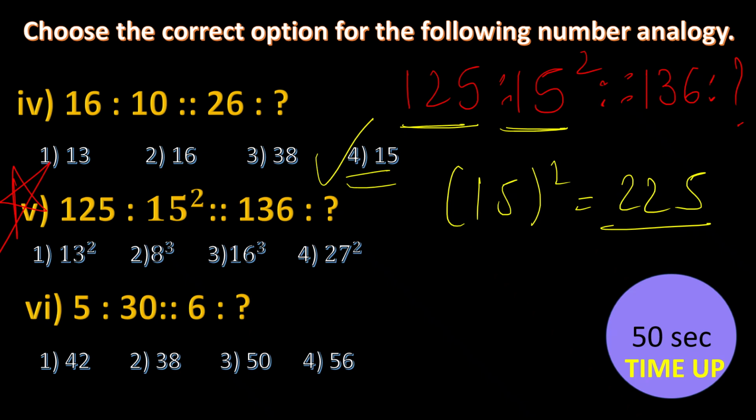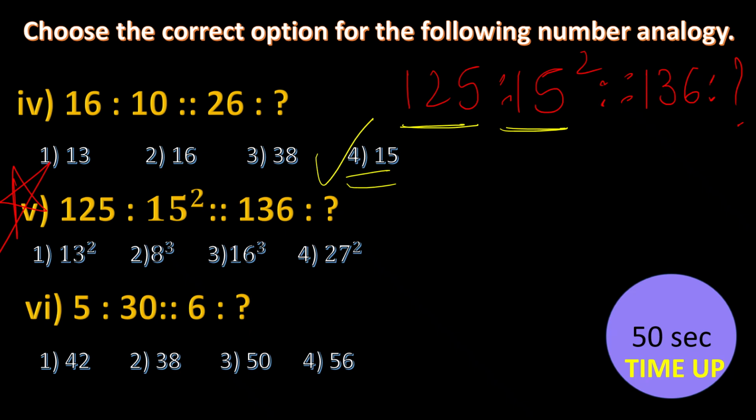So how to solve this? This is a different type of logic, so that's why I told you please note down this. If this type of question comes, then this logic you need to use. 125 is there.